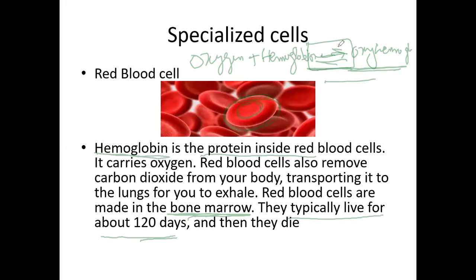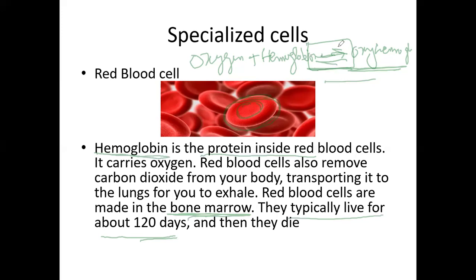One more thing I would like to discuss is why they are non-nucleated, and why they are thicker at the edges and thin in the center. In this way there is more space for more oxygen.